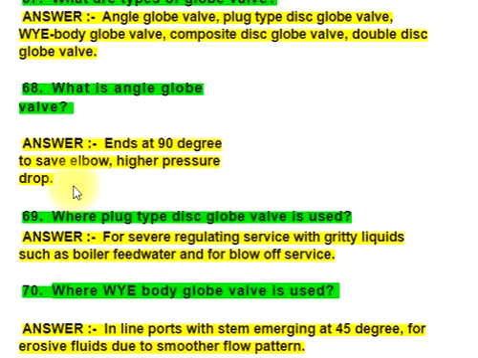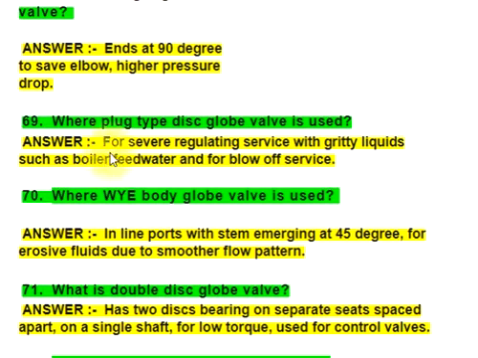68. What is angle globe valve? Answer: ends at 90 degree to save elbow, higher pressure drop. 69. Where plug type disc globe valve is used? Answer: for severe regulating service with gritty liquids such as boiler feed water and for blow-off service. 70. Where Y-body globe valve is used?